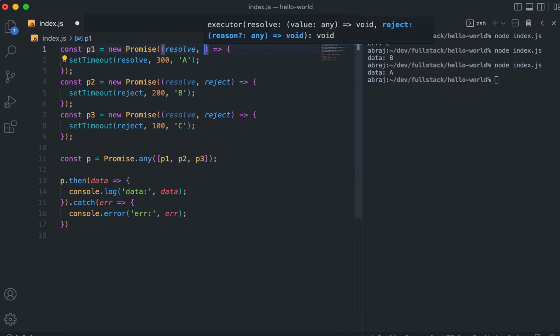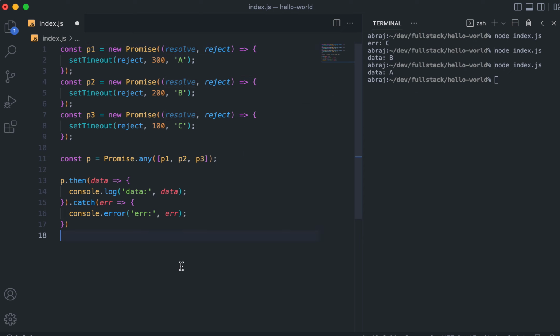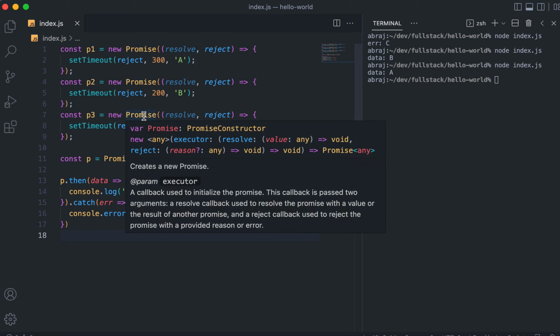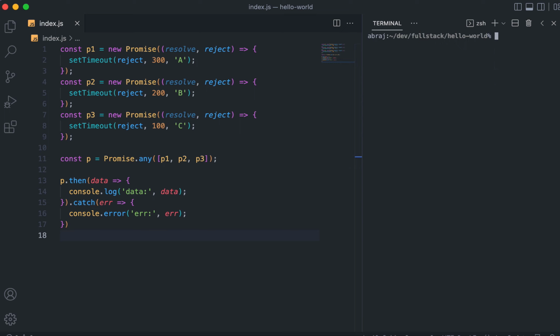Now the obvious question will be: what if all are rejecting? Promise.any is waiting for a resolved promise, and among all the promises provided, none of them are resolving. It is just ignoring all the rejections, right? In this case, what will be the answer? Actually, in this case an error will come, and that error is called AggregateError. The name does not matter, but it shows you the message that all promises are rejected, which is not expected.